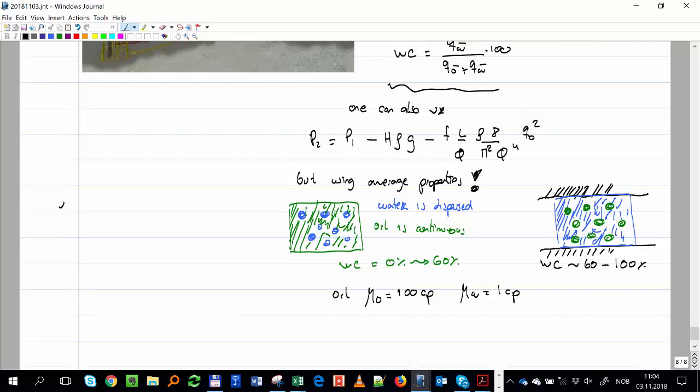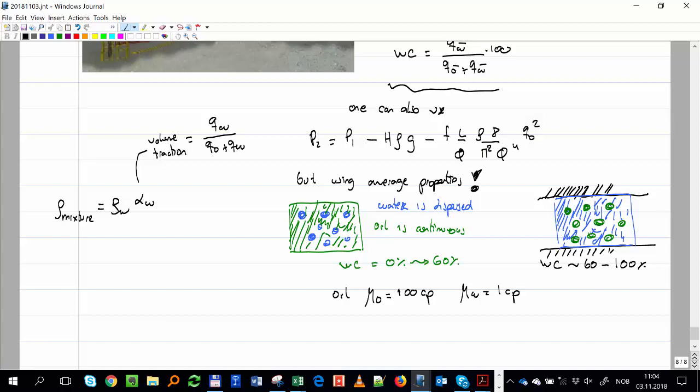First, I have to use the density of the mixture. I cannot use anymore the density of one phase or the other. And this one is density of the water times the volume fraction alpha, which is Q water divided by Q oil plus Q water.